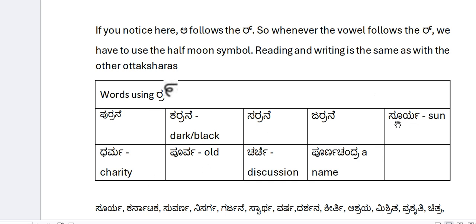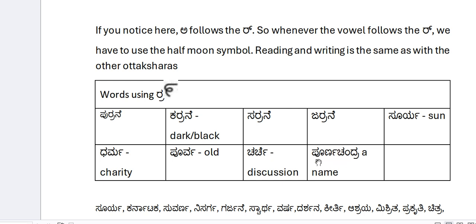Now let us look at this word. You read Su, and since Arka Ottu has come, you read Ra first. So Su, R, Ya, Surya. Then Dha, R, Ma, Dharma. Pu, R, Va, Purva. Cha, R, Che, Charche.